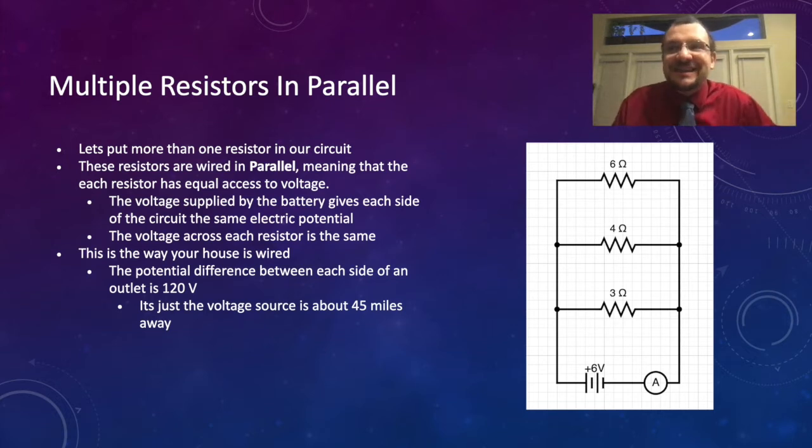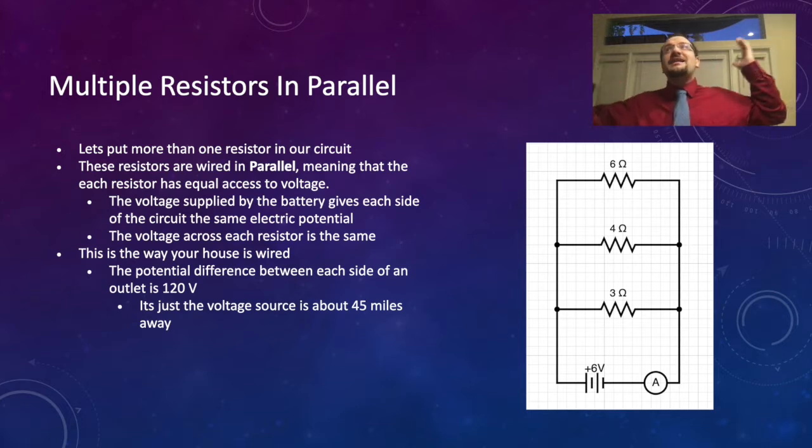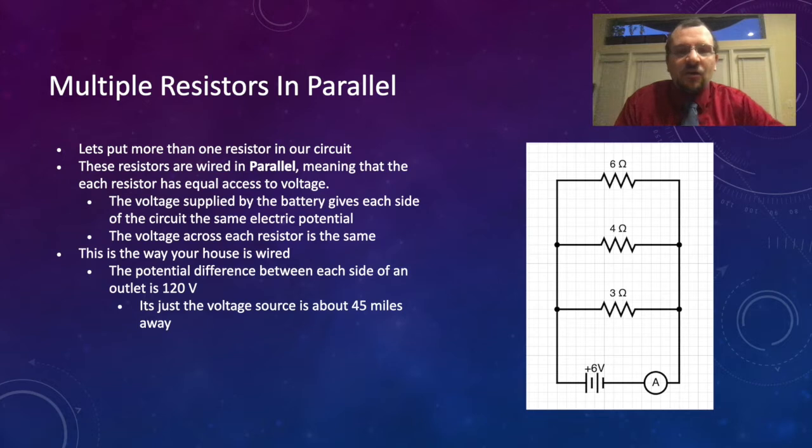But what matters is each side of the power plug has the same potential difference, which means that every time you go and plug something in, you have that same access to voltage. So all of the lights that are around me right now are in fact wired in parallel.